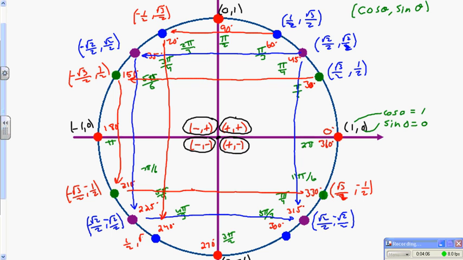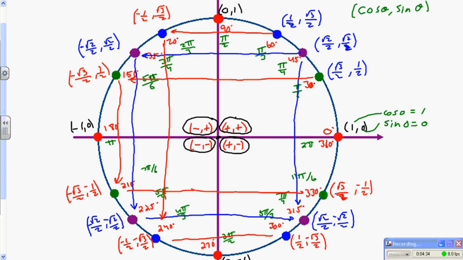Remember, the two values swap. And now we filled out the unit circle for sine, cosine, all the way around.